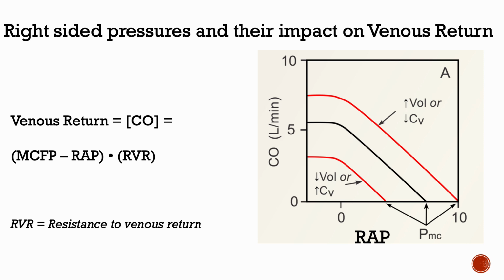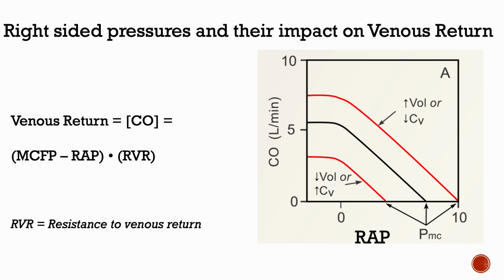So the mean circulatory filling pressure minus the right atrial pressure, divided by the resistance to venous return, which is kind of like an SVR analog, is what gives you venous return and hence cardiac output.